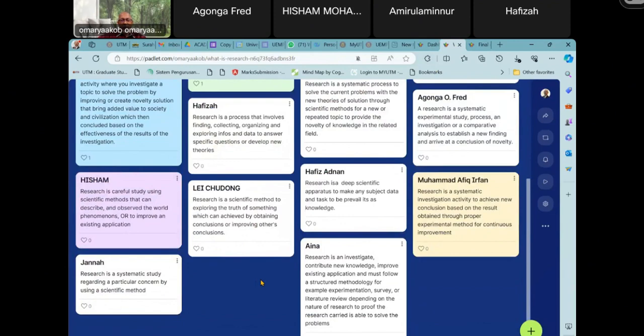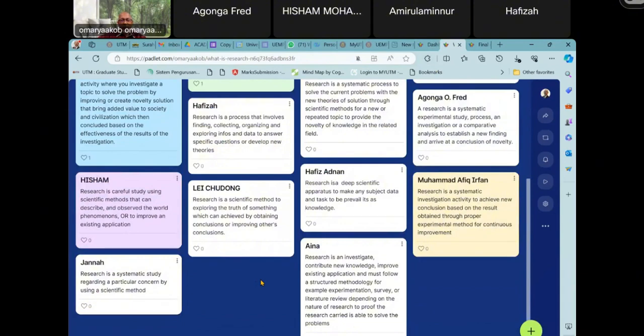After this, I referred to other friends' definitions. Then I saw that I made use of the keyword solve the problem. Yes, the main objective of research is to solve the problem that we face. After this, I also referred to Hisham's definition, about using the scientific method.